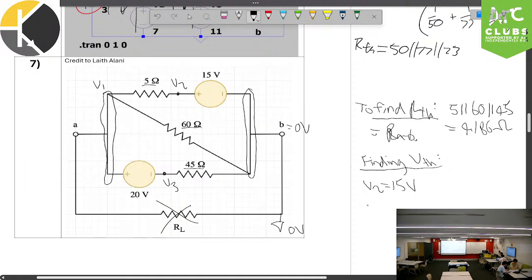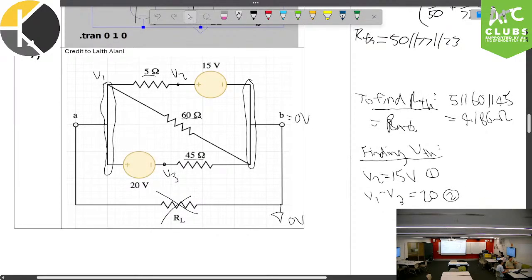So that would be V1 minus V3 is equal to 20. So that's equation 2. We can label this 1, label that 2. Now, equation 3 is a bit harder to get.